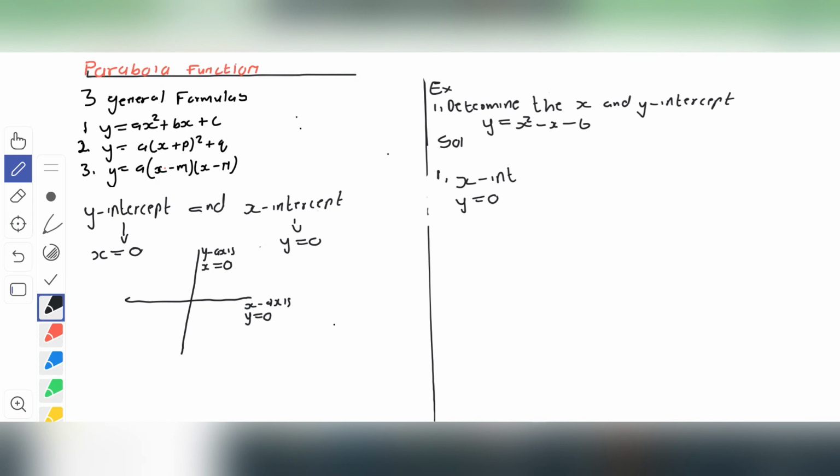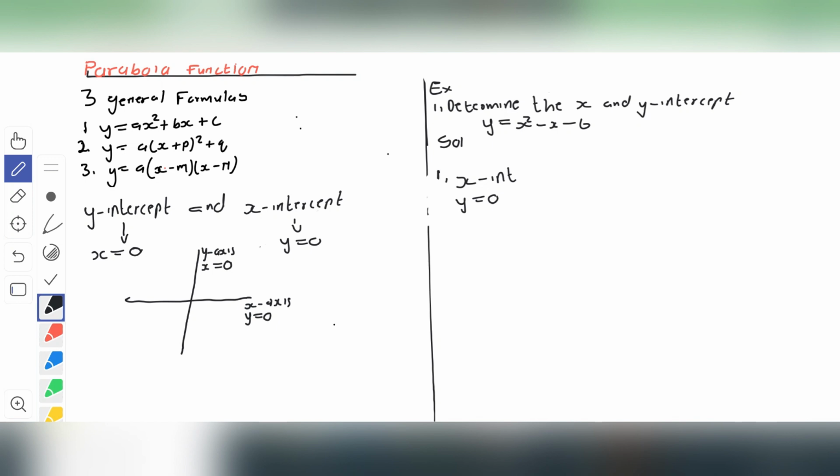The definition tells us that the x-intercept is the point where the line crosses the x-axis. And we know that when the line crosses the x-axis, our y is equal to 0. That's why we always write y equals 0, right?